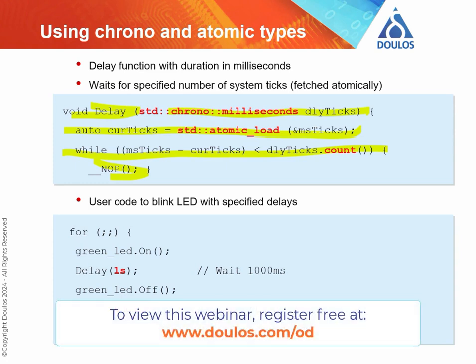Then here's an example where we could use the delay function to blink an LED with the specified time intervals. So 1 second and 500 milliseconds would be the delay timers there.